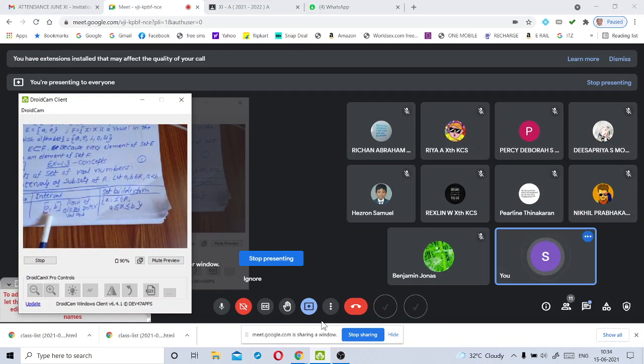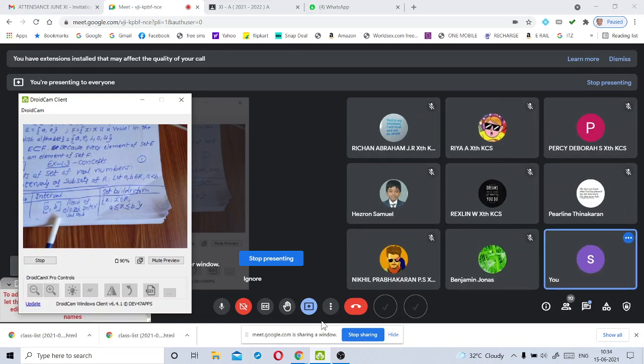Now read this interval, Disha Priya. My dear Disha Priya, read this interval. Disha Priya. Okay, Samuel, read this interval and its set builder form.